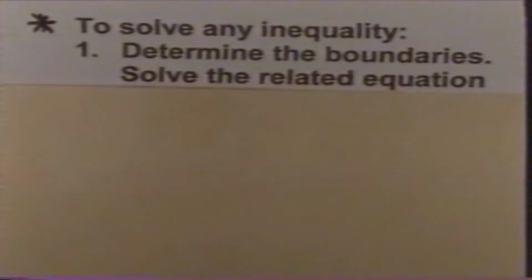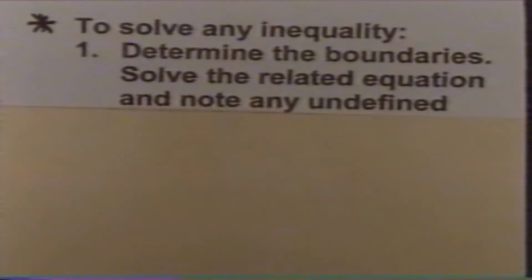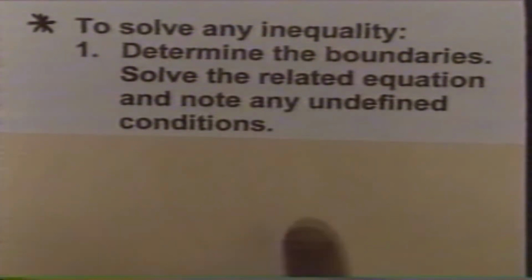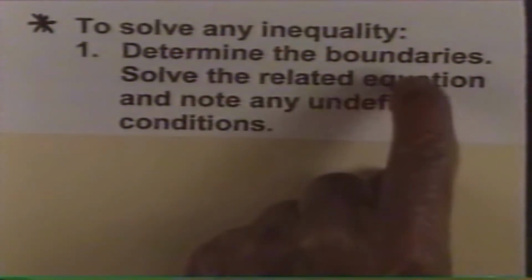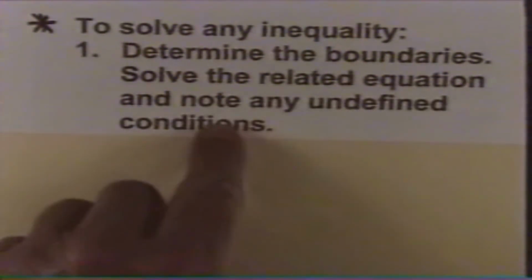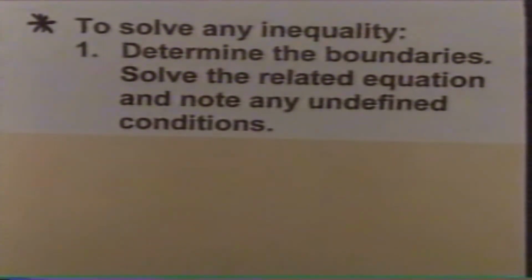The way you determine the boundaries would be to solve the related equation and note any undefined conditions. So I'm going to get boundaries from 2 places: the solution to the related equation and any undefined conditions such as division by 0 or a negative under an even radical.